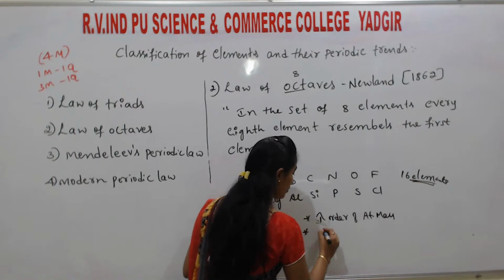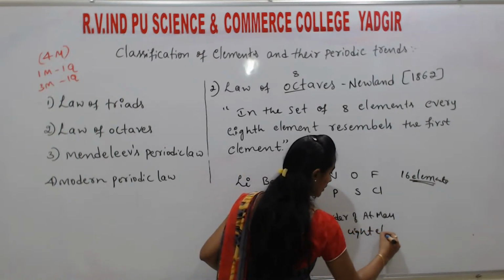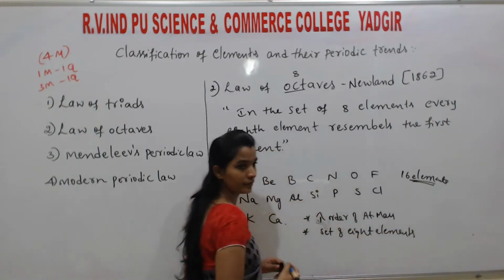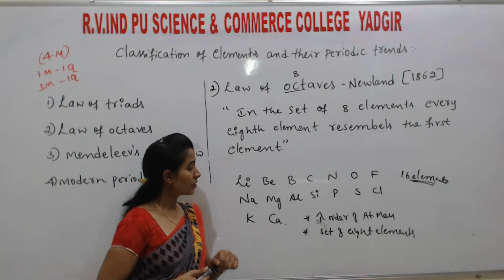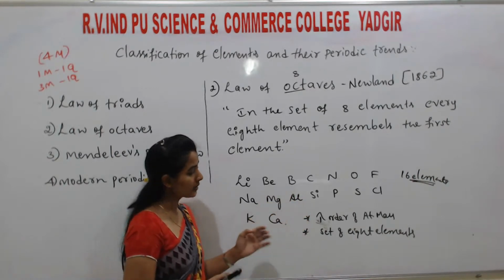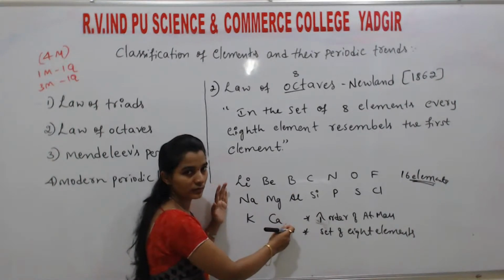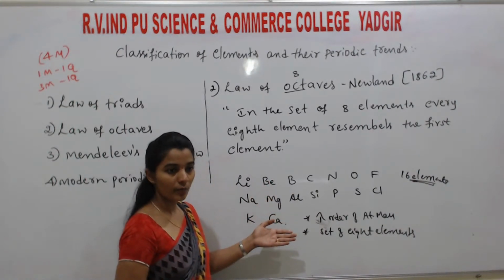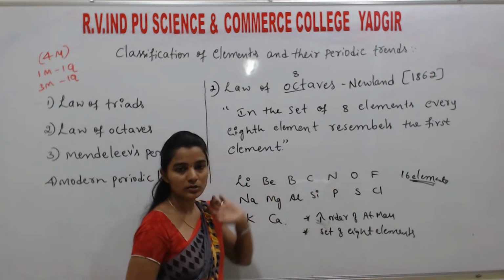Next, he tried to arrange them in a set of 8 elements. Okay, this is the postulate. So when he arranged the elements in the increasing order of their atomic mass, with same properties, he got this much. Understand? So he studied different physical and chemical properties. These three show the same, these three show the same, these two show the same.